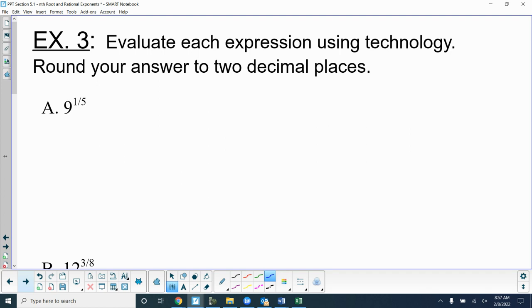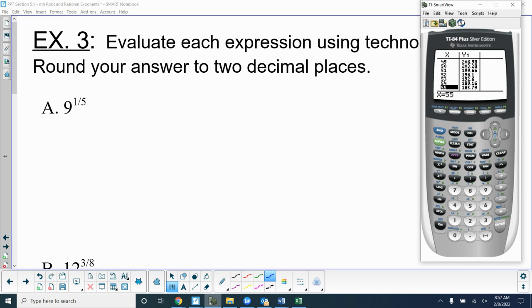Okay. So it says using technology. That means you can use your what? Calculator, right? So how do I raise something to a power? Caret, right?